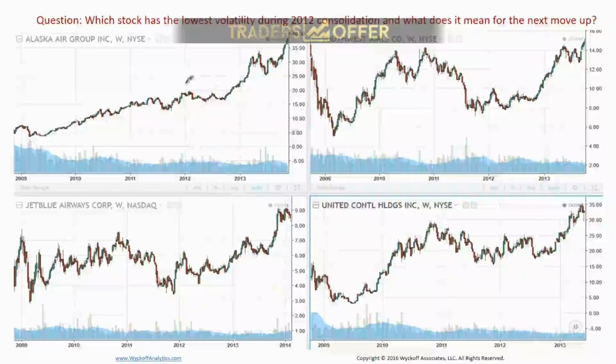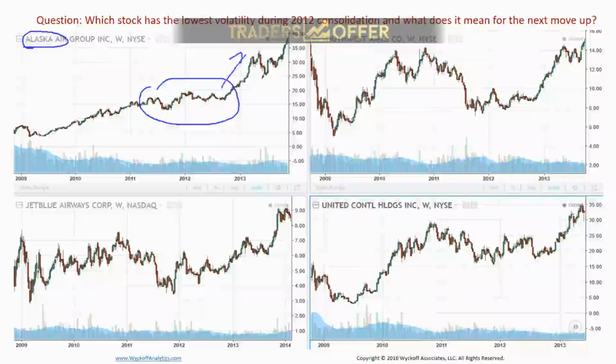So I totally agree with you guys, for those of you who said that Alaska is the lowest volatility before the next move up, and this is what we would be looking for, because if supply is so low and demand is present to support the stock, what kind of move are we going to have here with that low supply? Most likely the best move. Now, what is happening with Southwest? Even though we went down right here, look at how volatility starts to contract going into the apex.